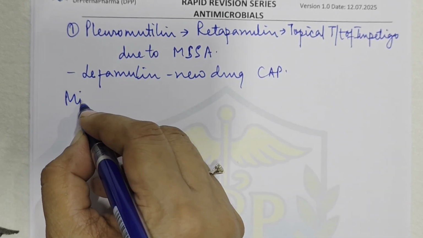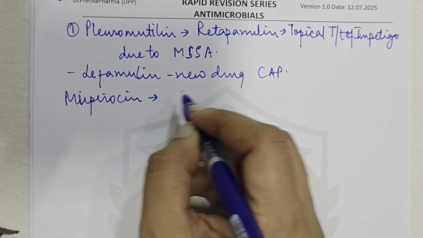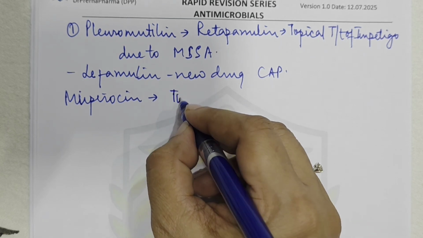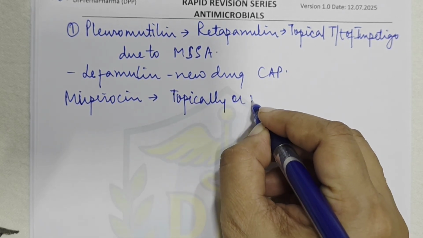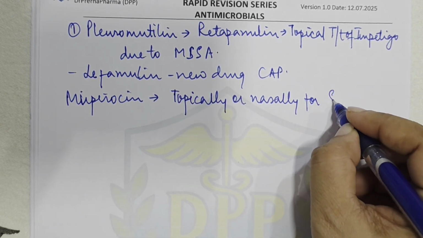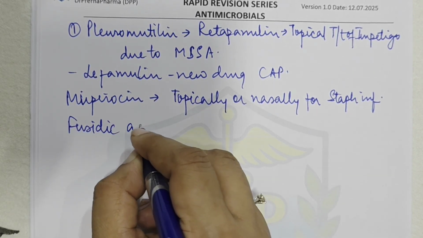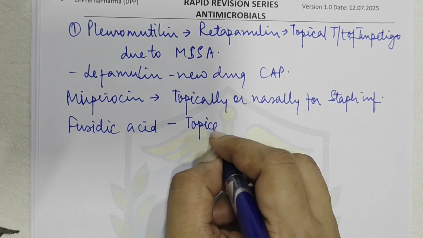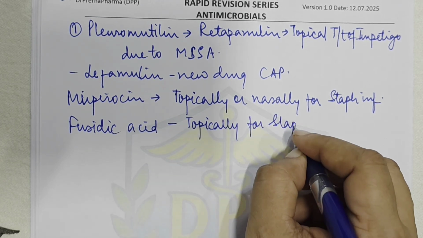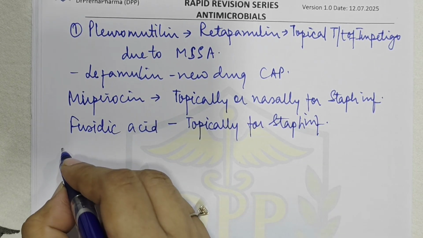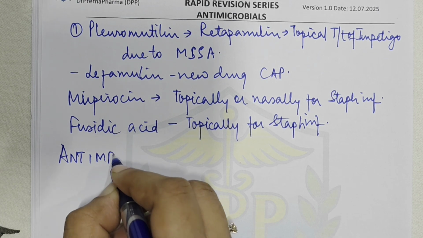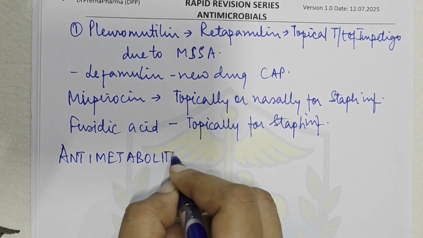Then there is mupirocin. Now this mupirocin is used topically or nasally for staph infection, right? Then fusidic acid. Now this fusidic acid is again used topically for staph infections. Okay? The next category of drugs that we discuss is antimetabolites.